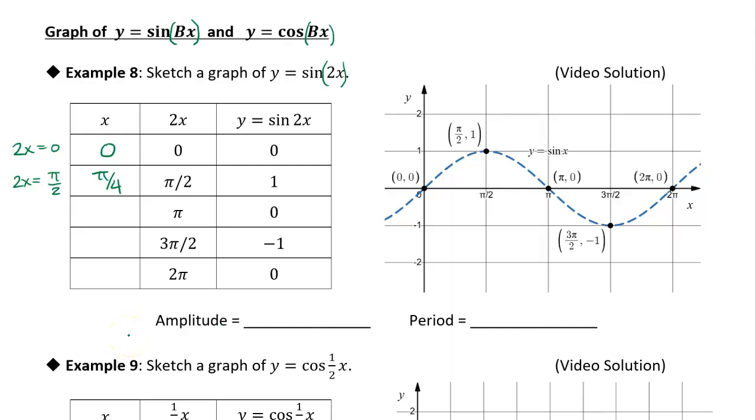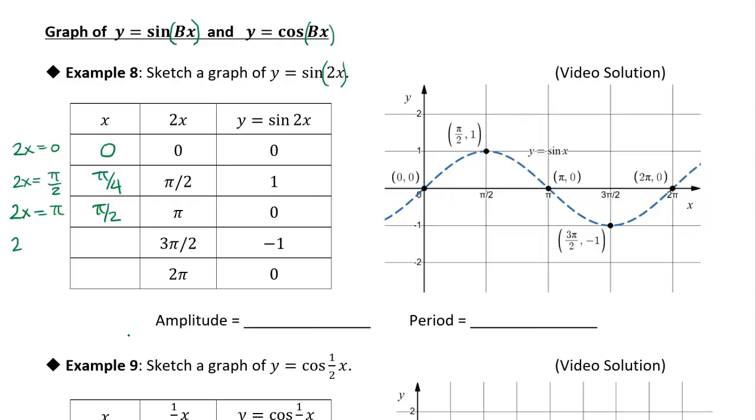Okay, you see what I'm doing? So again, I want 2x to be a quadrant angle, pi, and then I'm just going to divide both sides by 2 to get x by itself. So I need x to be pi over 2, and then 2x will be pi. Okay, get what I'm doing?